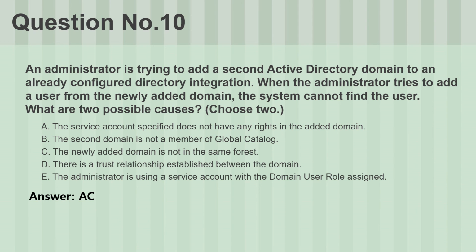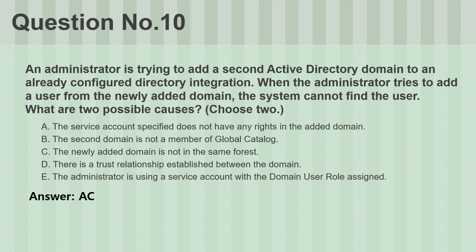Question number 10. An administrator is trying to add a second Active Directory domain to an already configured directory integration. When the administrator tries to add a user from the newly added domain, the system cannot find the user. What are 2 possible causes? Choose 2. A. The service account specified does not have any rights in the added domain.